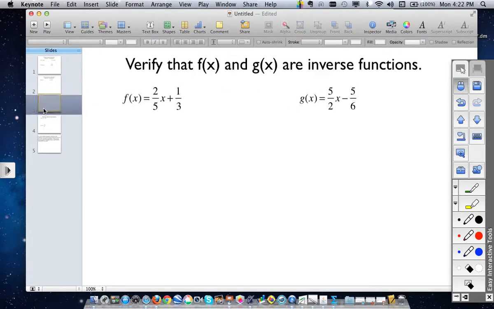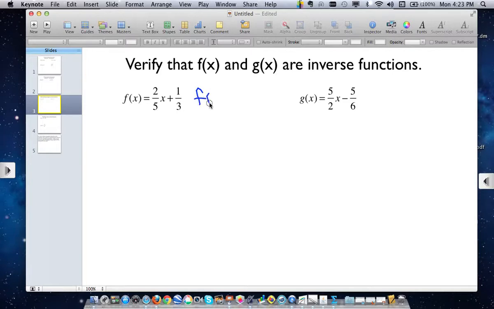Alright. For verifying that f of x and g of x are inverse functions, all we were wanting to look for here is when you substitute in using our composite functions, does it simplify to x? So, 2/5 times 5/2 x minus 5/6 plus 1/3.